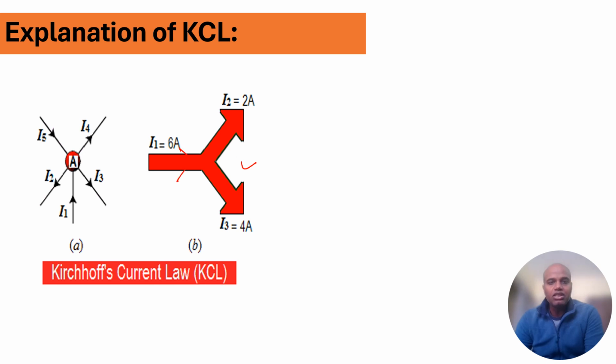So I2 and I3 are leaving. The incoming current, which is 6 ampere, should be equal to the sum of the outgoing currents, which is 4 plus 4 plus 2 ampere. So the total incoming current should be equal to the total outgoing current. In that way also we can see the KCL.